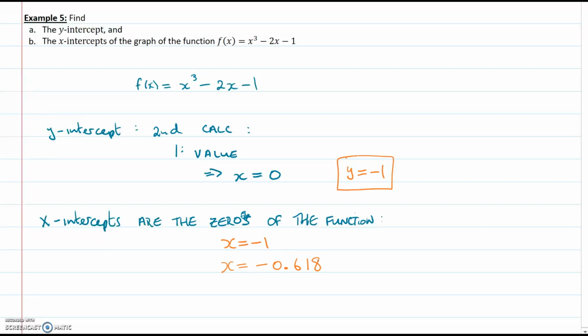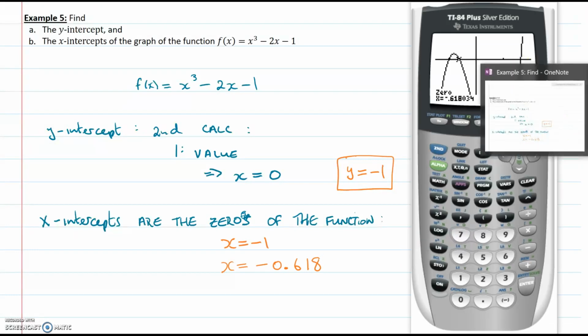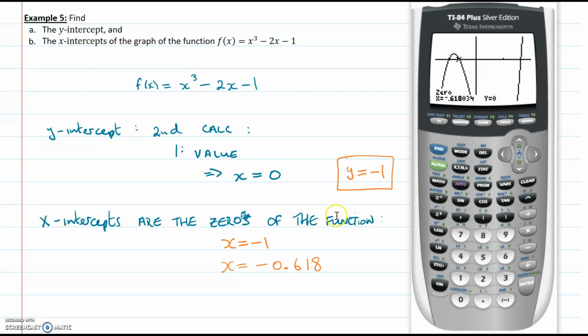And then the last intercept, because there were 3 of them, is going to be over here. So we'll move all the way over. Now, that's not where we want. So second calc, and 2 for zero. Okay, now move all the way over. We're going to lose it because it's going to go off the bottom of the screen, and then hopefully it's going to come back.